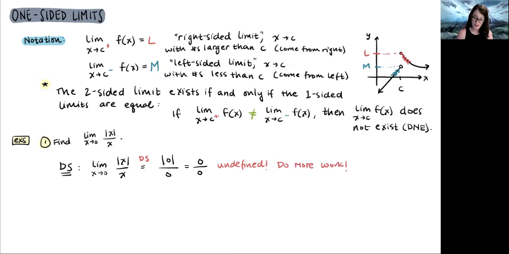So there's not really any algebra to do here to get rid of the absolute value. So I would suggest whenever you have an absolute value in the limit to look at either a graph or numerically. So let's take a look at what each of those methods will look like. So numerically. Remember, this means plugging in some numbers, making a chart.